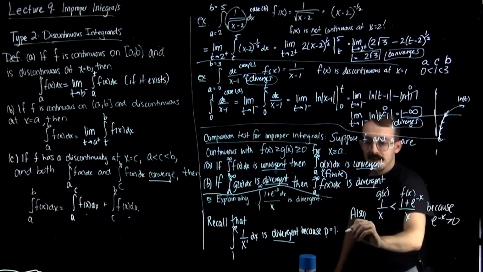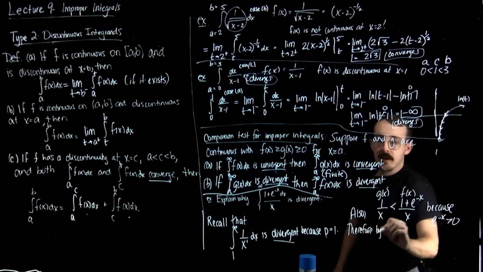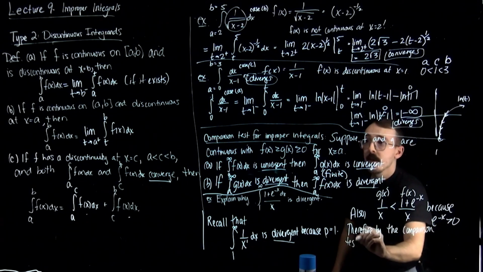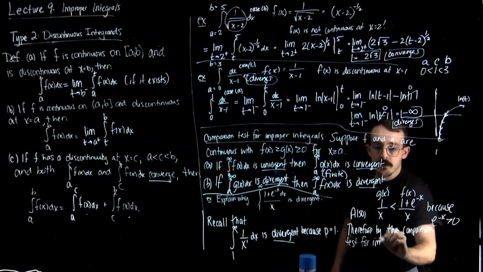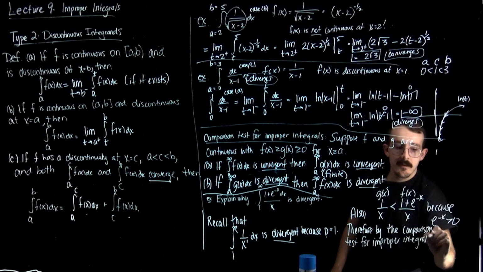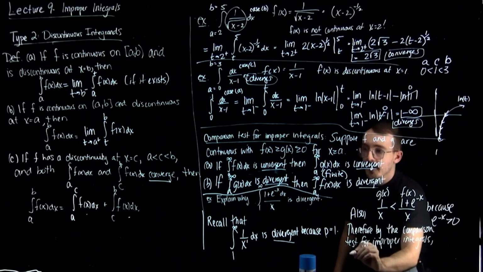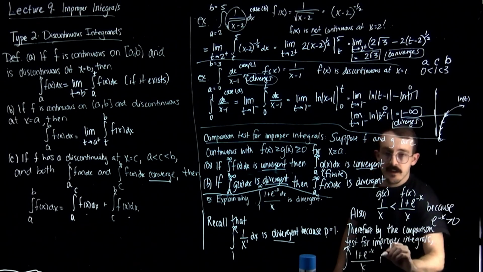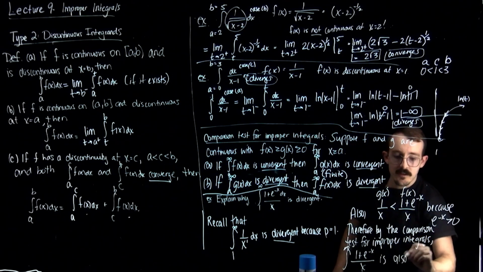So then I can say, so therefore, by the comparison theorem, so the comparison test for improper integrals, the original integral I'm interested in, this one, 1 to infinity of 1 plus e to the negative x over x, is also divergent.